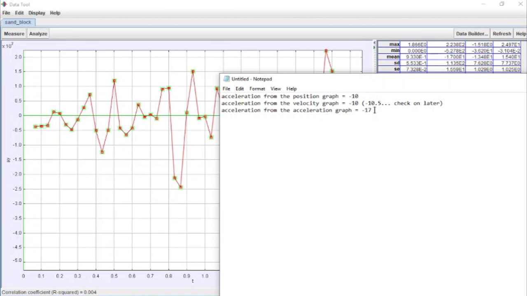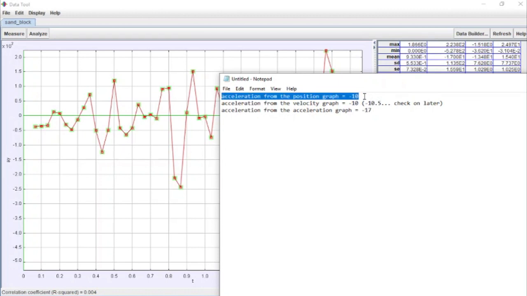So it's at this point we have to take a step back and look at how we got each of these, right? This came from a parabolic fit of the original data. This came from a linear fit of some calculations based on that data. And this came from an average value of a calculation from the calculation. What I'm getting at is that 9 times out of 10, this value from the position graph is going to be the best option.